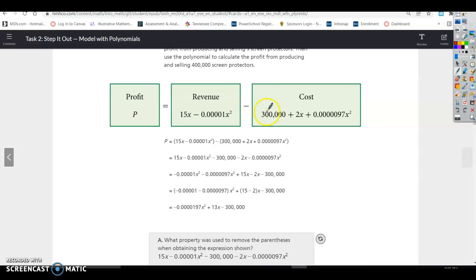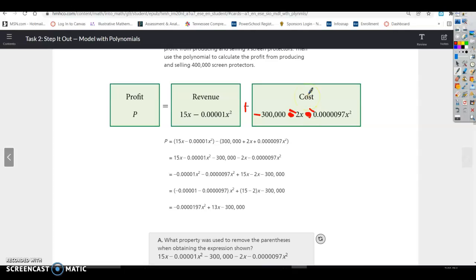The parentheses means you have to distribute that negative to each term in this polynomial. So let's go ahead and do that. So let's do plus, minus, and then distribute the negative here. I'm going to change this to a minus, and then I'm going to distribute the negative to here, and this becomes negative as well.